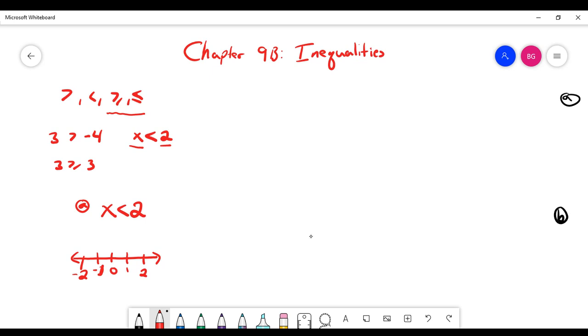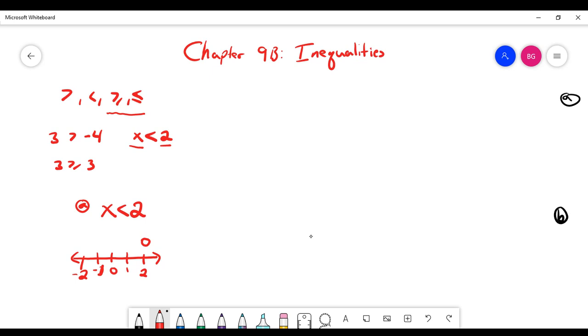So what I do is first locate my 2, which we call our boundary point. This is the thing we have to be a little careful of. Since it doesn't equal 2, we don't want 2 to be included on that boundary point. So when we have it not equal to, we put an open circle. I put an open circle on 2, and then I need to determine which way it goes.